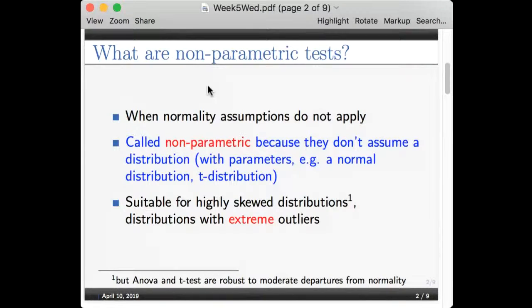So again, you usually test to see if your data is normal. But if it's not, and you've got enough data, you appeal to the central limit theorem. If you don't have enough data and your data is normal, at least you can see that it's normal.